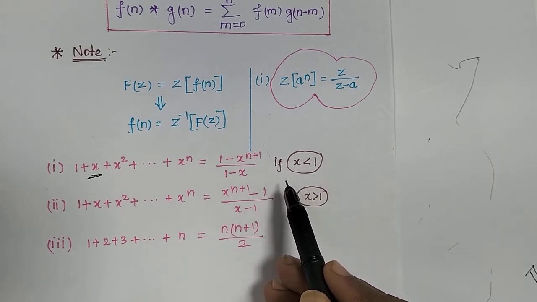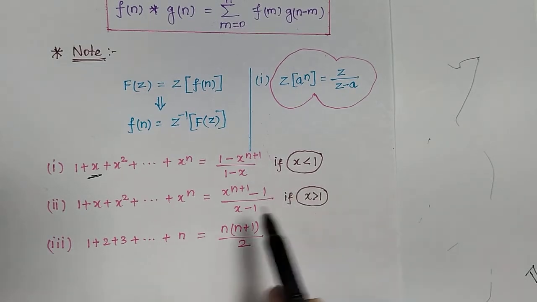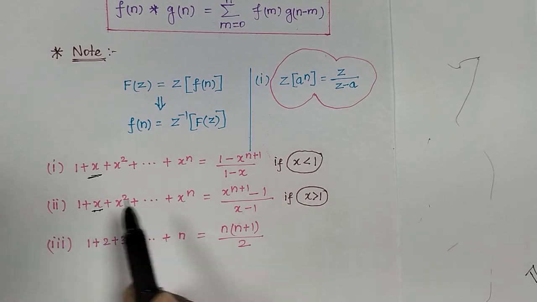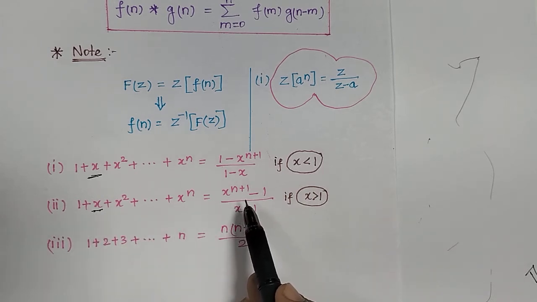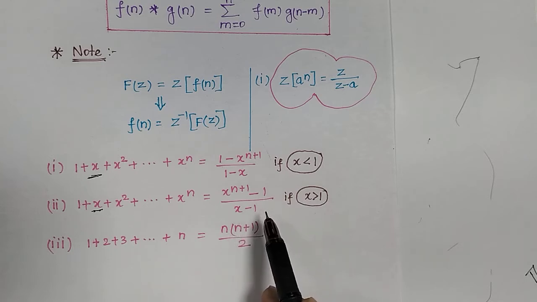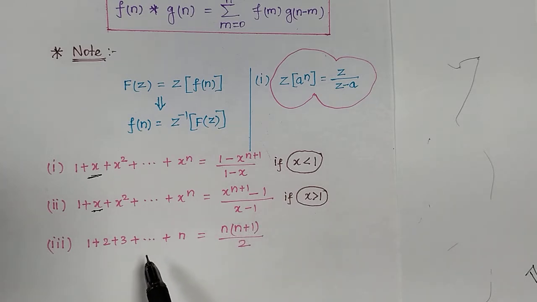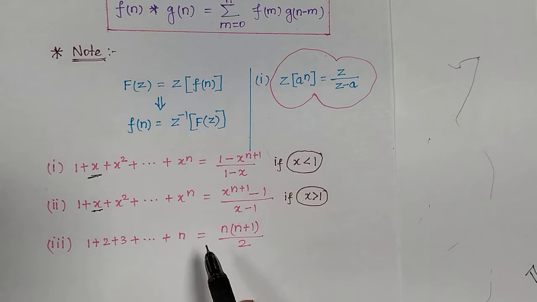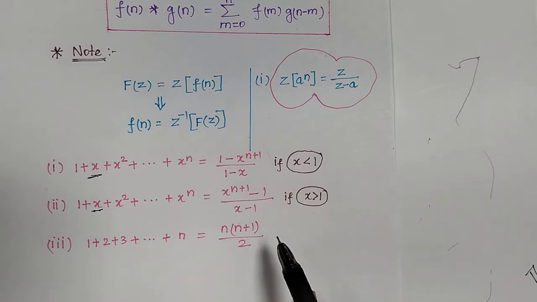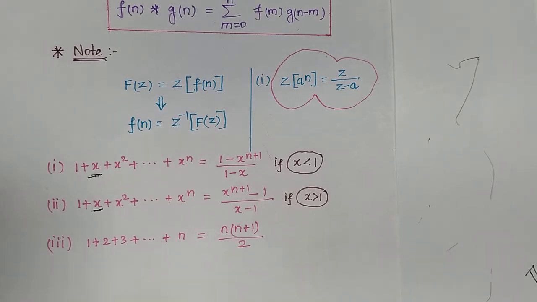Otherwise, if x is greater than 1, we apply the formula x power n plus 1 minus 1 divided by x minus 1. Whenever we get terms up to n, we apply n into n plus 1 divided by 2: the summation 1 plus 2 plus 3 up to n is equal to n into n plus 1 divided by 2.